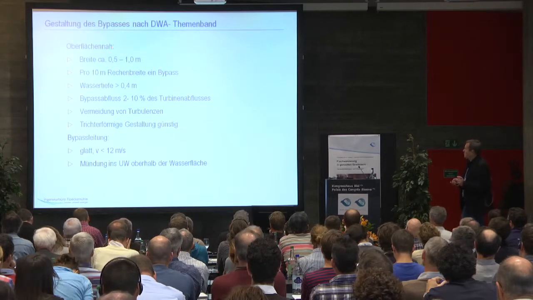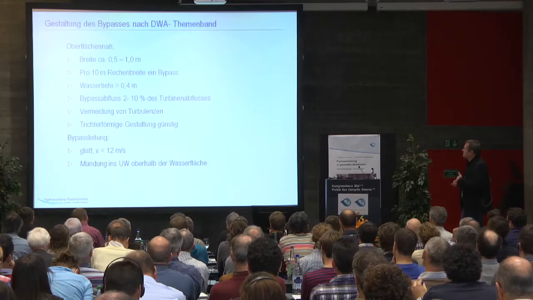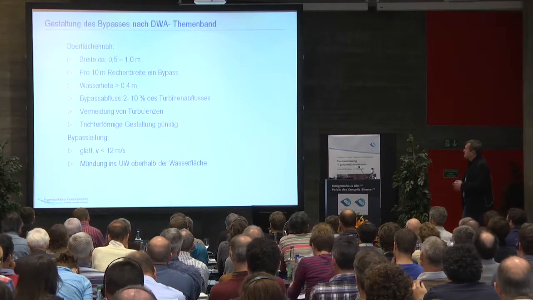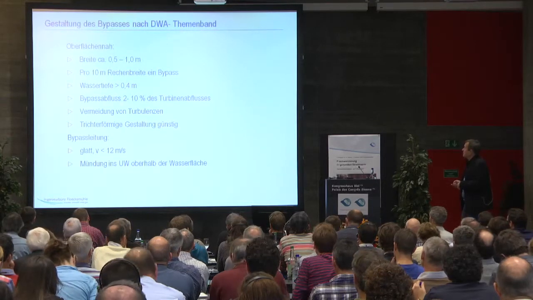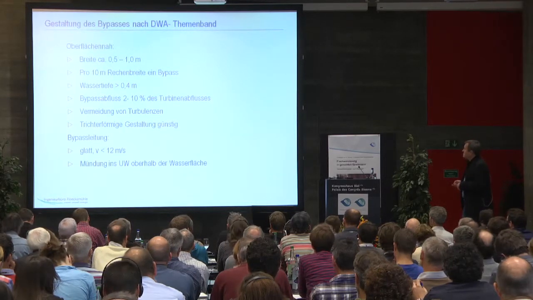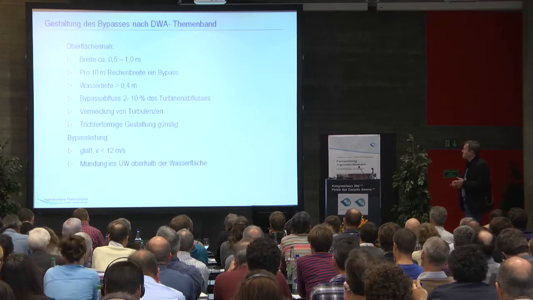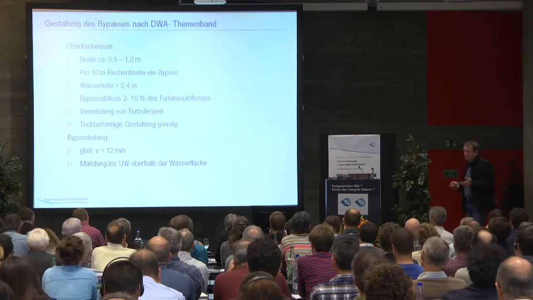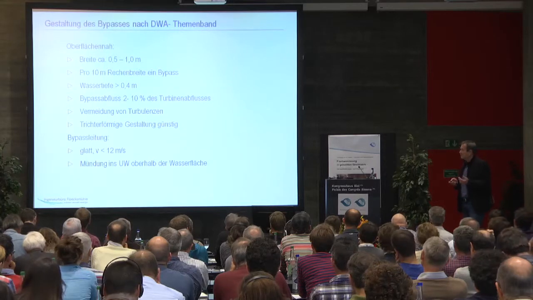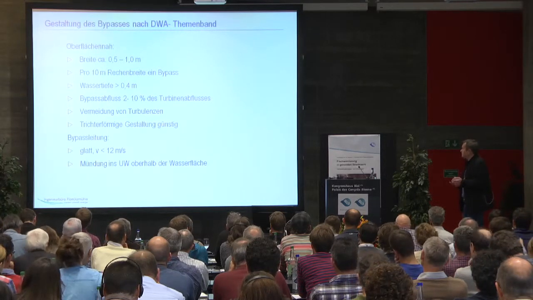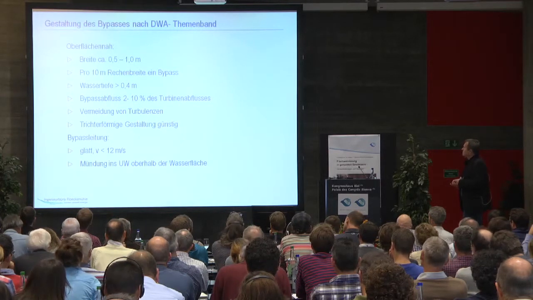For instance, if we have bypasses close to the surface, it is recommended that we have one bypass every 10 meters of screen, at least 0.4 meters of water depth, and bypass flow to turbine flow should be 2 to 10%, the ratio here. But this can actually differ depending on the actual situation on site.